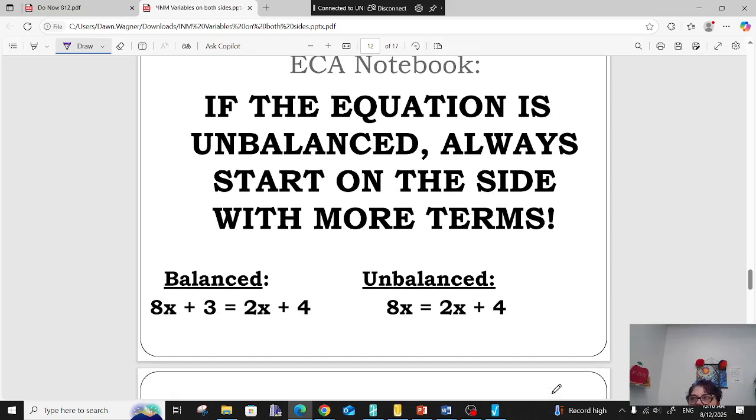Sometimes when you're doing equations, on one side you could have, like this, what we call a balanced equation, because I have x's and constants, right? This one is unbalanced because I have only one term on this side, but I have two terms on this side.